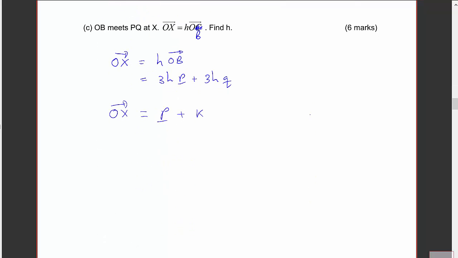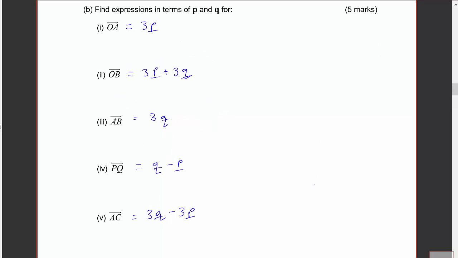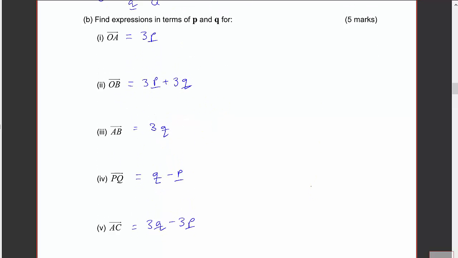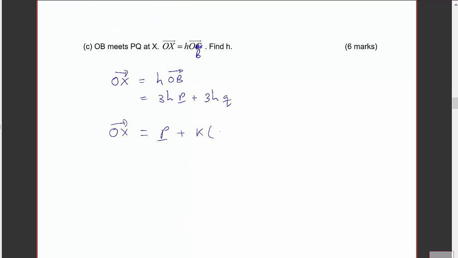So we'd need to introduce another constant, k, and then we know that PQ is q minus p. So that is going to be p plus kq, take away kp, which is p into 1 minus k, plus kq.